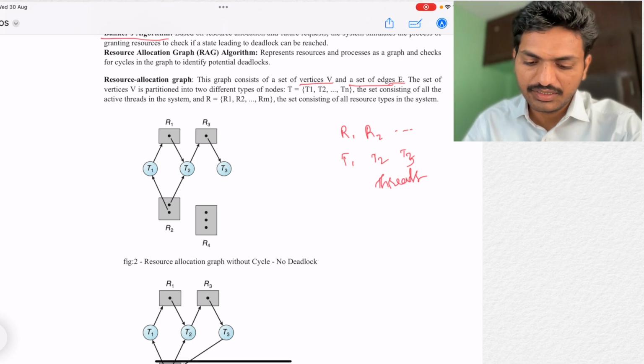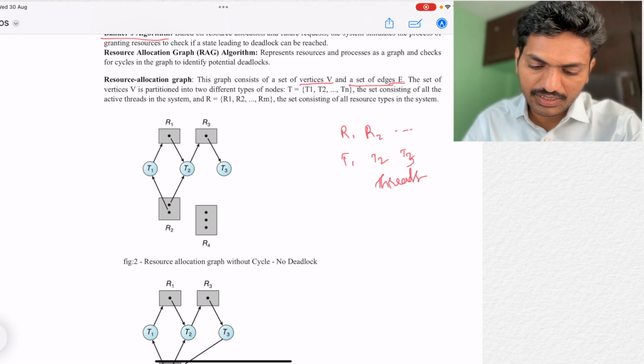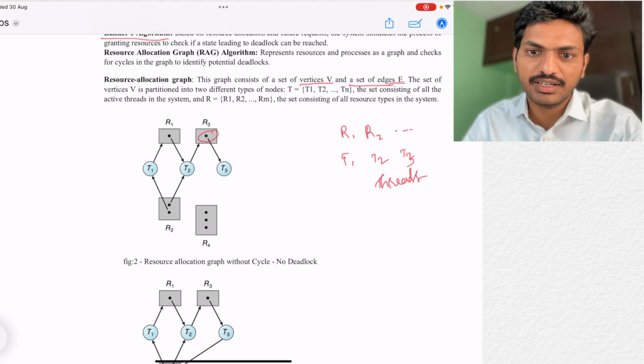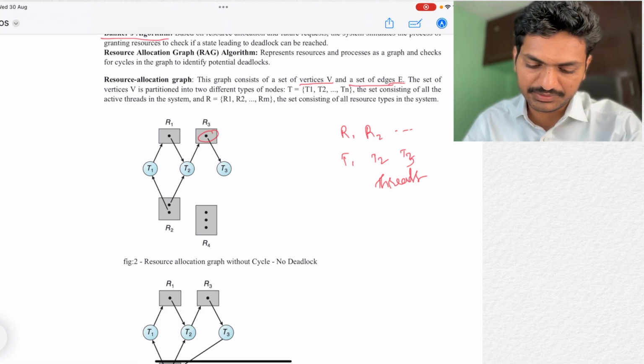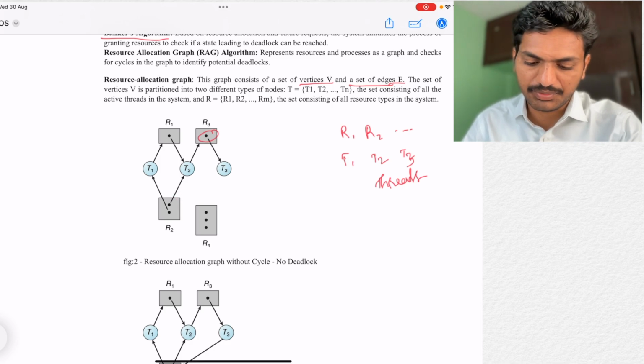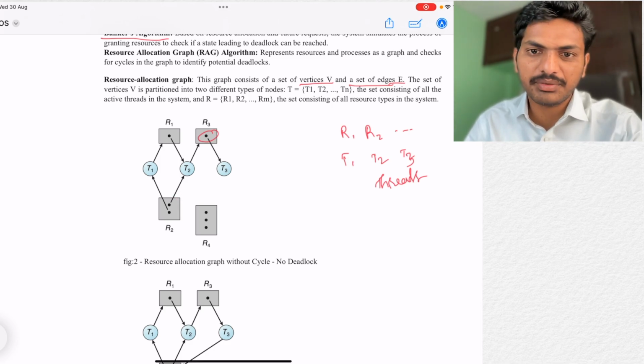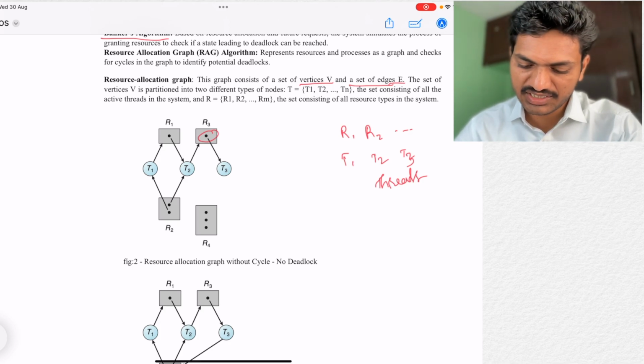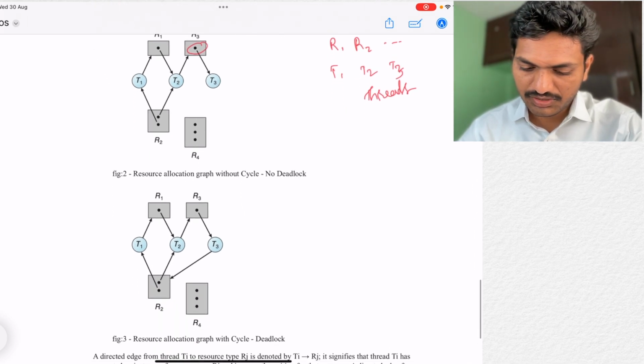We already saw in the class, with the resource, if you see one dot here, there is only one dot, means one resource of that type. Suppose it is a printer, only one printer available. Suppose R2 is a scanner. How many dots are there? Two dots. Two dots means two resources. Two scanners are available, like that. So number of dots means number of instances available.